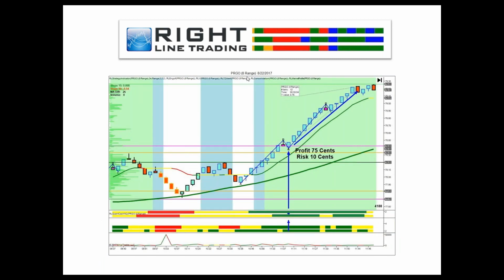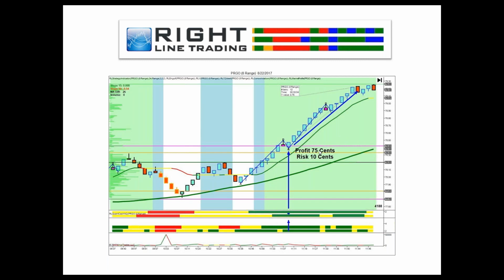And this is Perrigo. It's a generic pharmaceutical company. All green, green, 50-15 green, pull back to the value area high. This is 75 cents on 10 cents of risk. Now, 1,000 shares is a lot, but if you can handle it, you made $750.